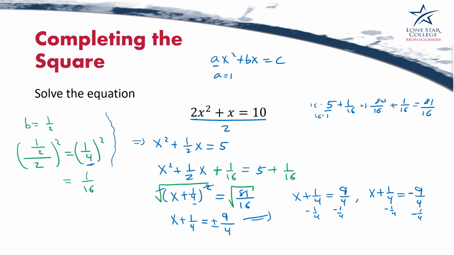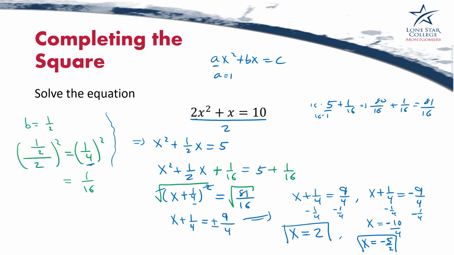So we're left with 9/4 minus 1/4 is 8/4, left with 2. That's one answer. And then negative 9/4 minus 1/4 is negative 10/4, which can then be reduced to negative 5/2.